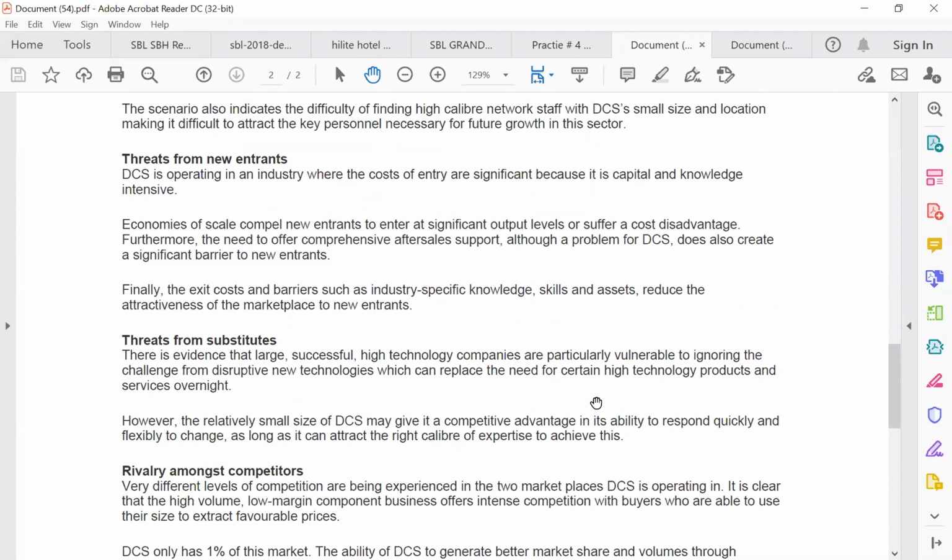Furthermore, the need to offer comprehensive after sales support, although a problem for DCS, does also create a significant barrier to new entrants. Finally, the exit costs and barriers such as industry specific knowledge, skills, and assets reduce the attractiveness of the marketplace to new entrants.